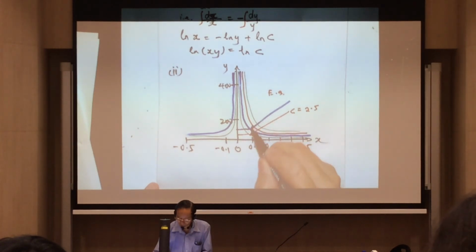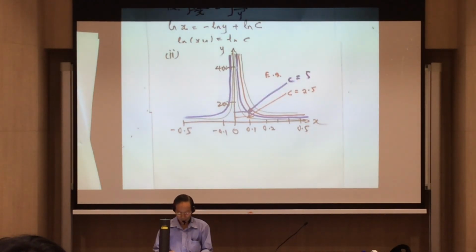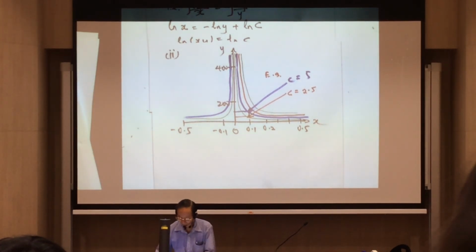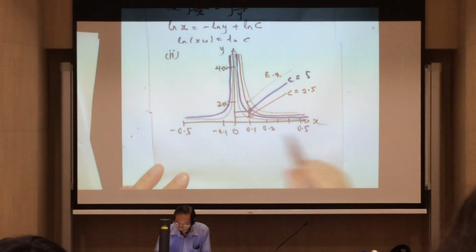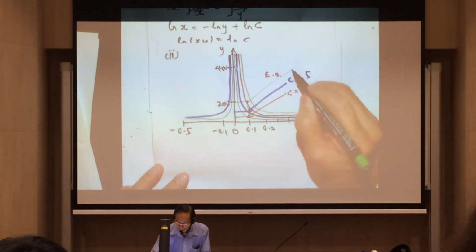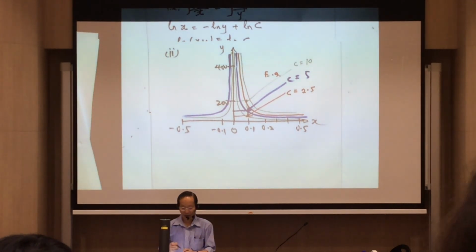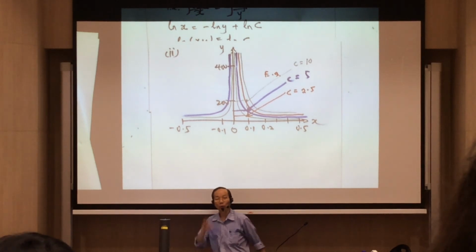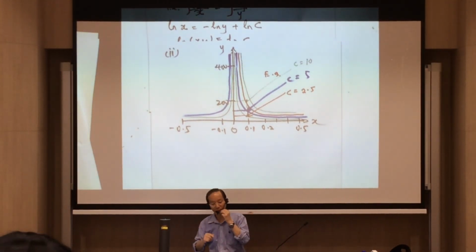This is for c equal to, for example, 5. Then another one: when x is 0.1, y is 200, for c equal to, let's say, 10. So you give your own values for x and y and do a sketch. Is that clear?